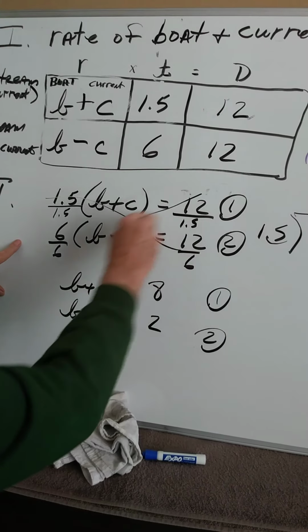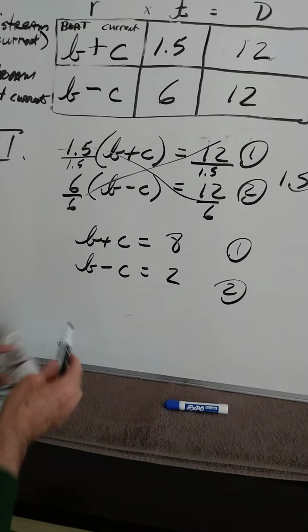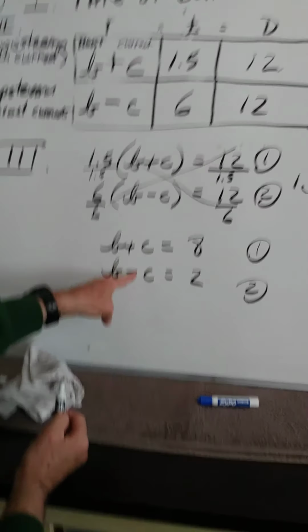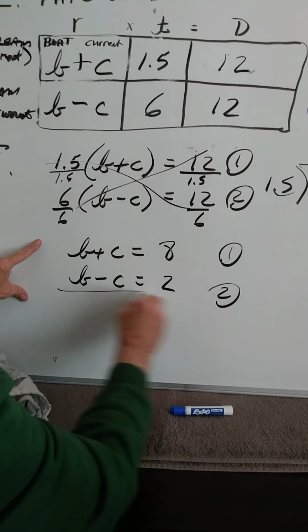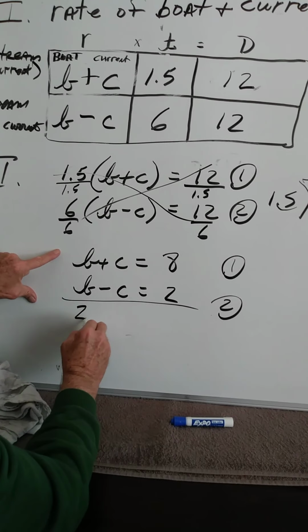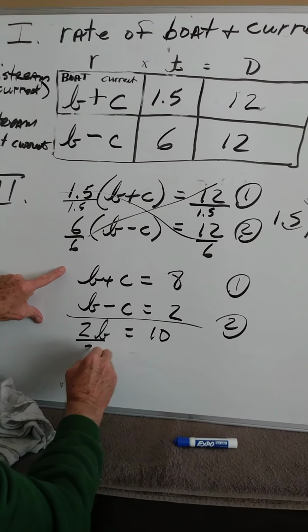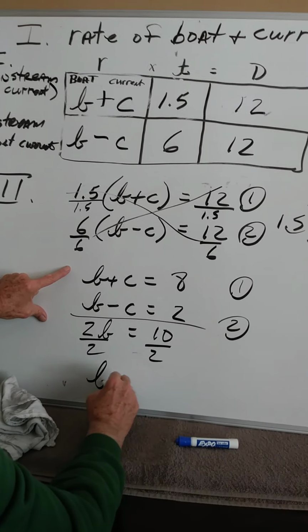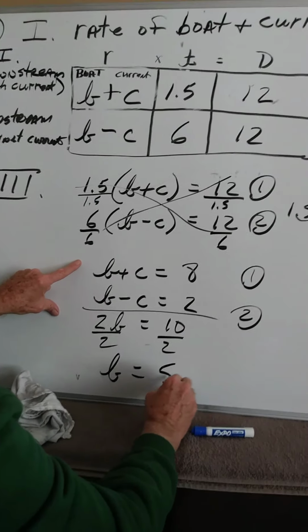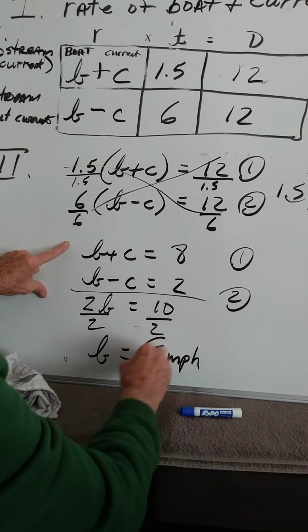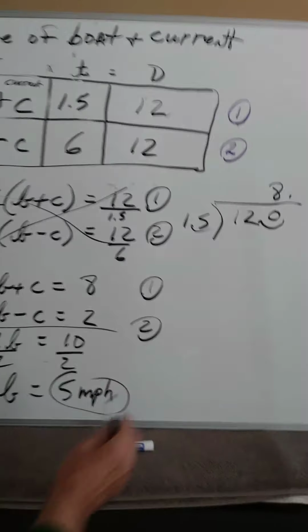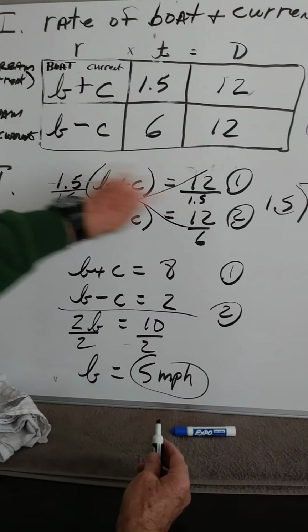There the old. This is the new. Look at the coefficients of current. They're opposites. Draw the line. Add down. 2B is equal to 10, 2 over 2. B, the speed of the boat, 5 miles per hour. Now let's get the current. Pick one of these. Don't do any of those.